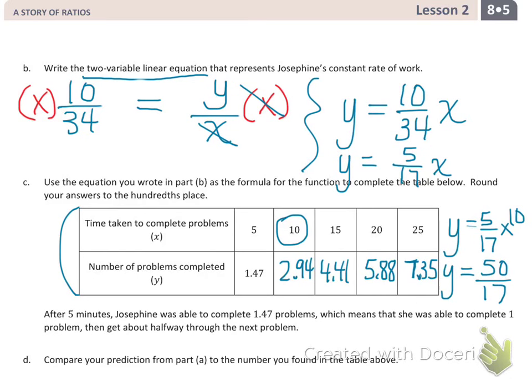So if you guessed somewhere in the vicinity of 6, 7, 8, you were pretty close. So part D asks you to compare your prediction from part A to the number you found in the table above. So whatever you got for it, you can write a comparison there.